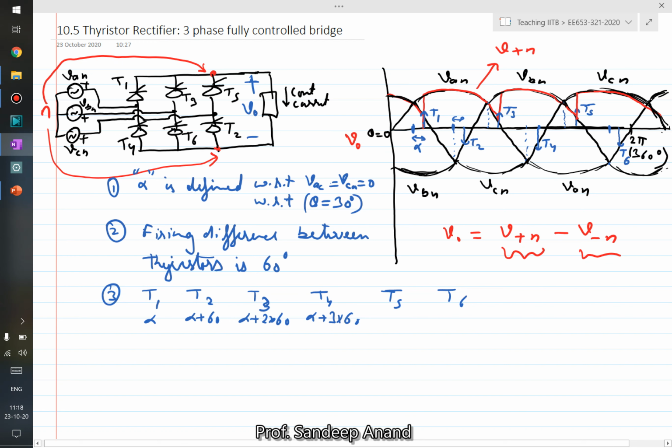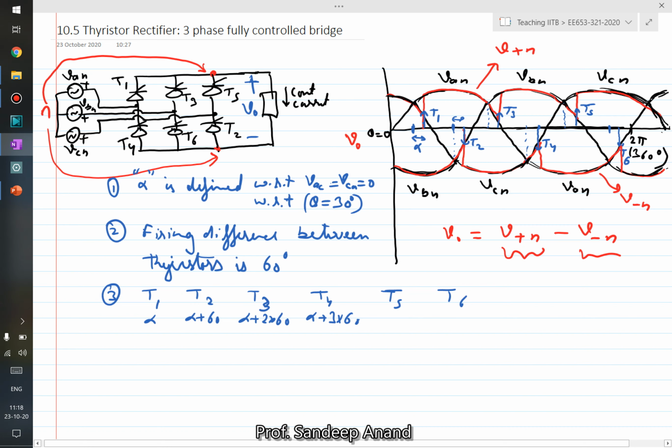Now, which one has the least? When T2 gets triggered, it will take V minus CN, right? So if we start from T2, it takes this waveform, then it takes VA, and then it takes VB. So this is the V minus N.